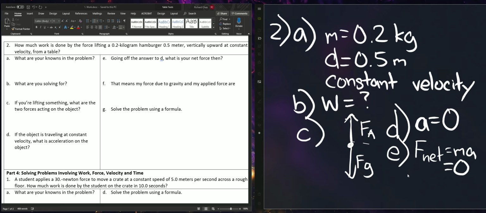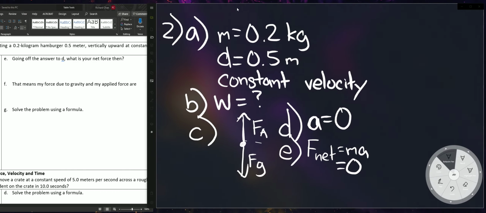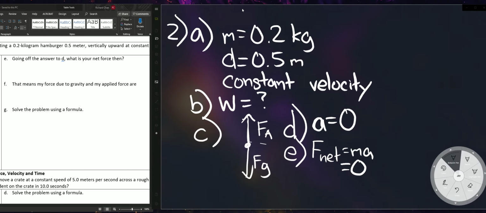Let's move this over and give myself some room. If F net is equal to ma, the literal definition of F net is the sum of all my forces.